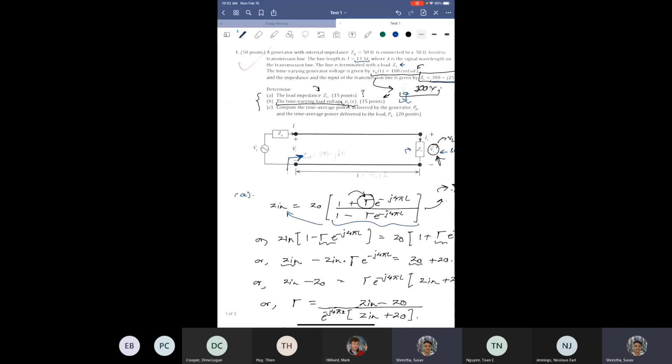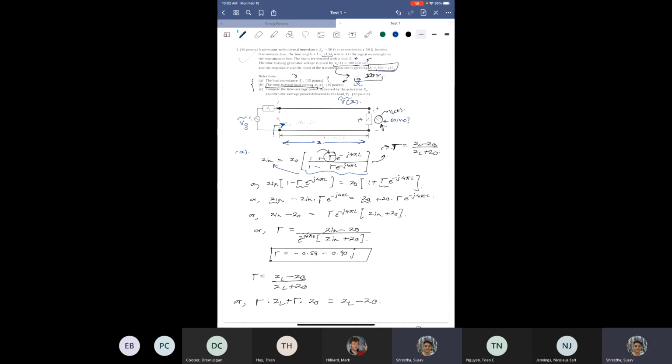This was the VG, and this one is V of z. The length of the transmission line z only considers the transmission line outside of the generator network. So if it's a function of z, it's part of the transmission line, whereas the generator has its own voltage.